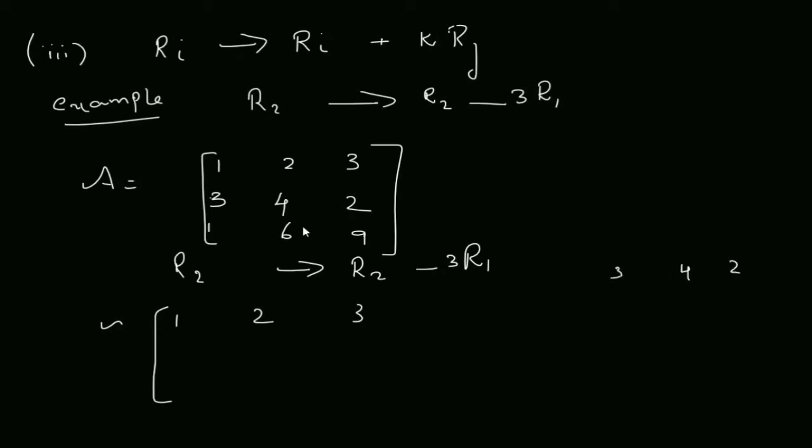From the elements of R2, I am going to multiply 3 times R1, then subtract. That means the first row will become 3, 6 and 9. Now subtract. So we will get 0, minus 2 and minus 7. So the second row is changed. Third row as it is.